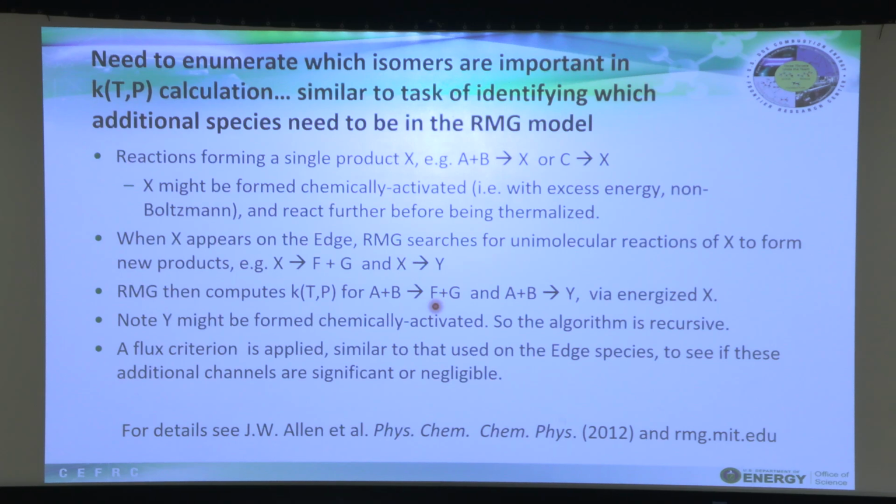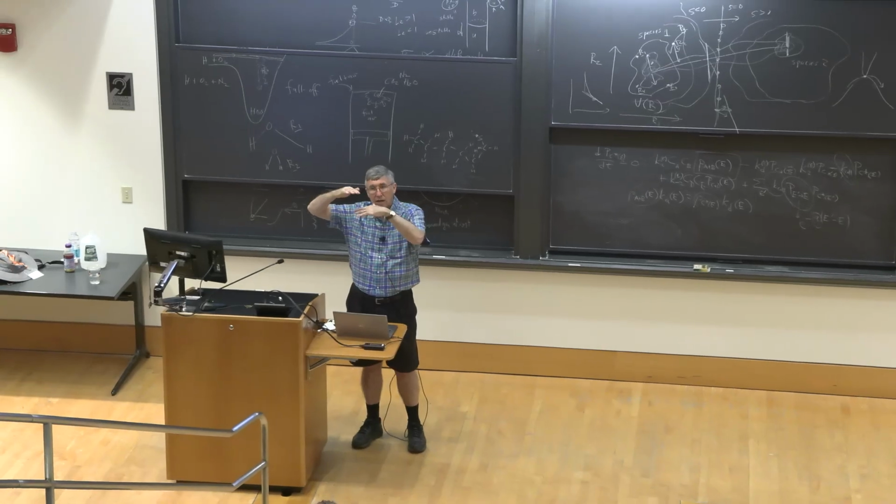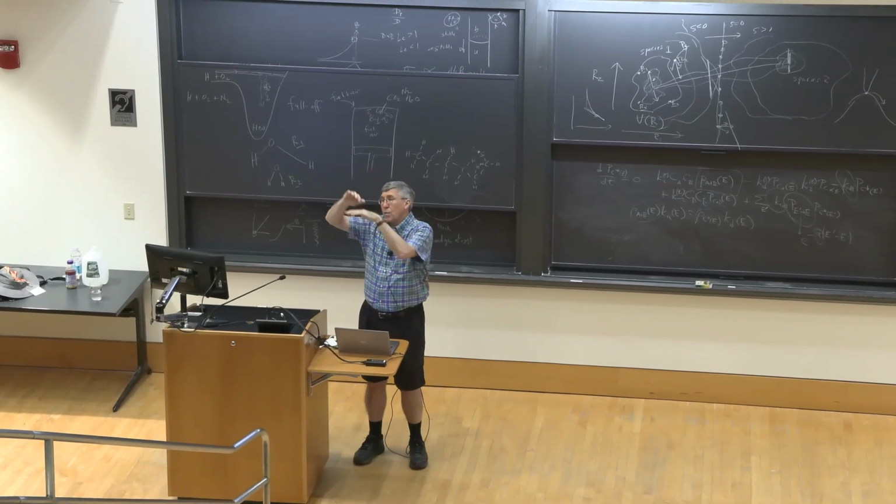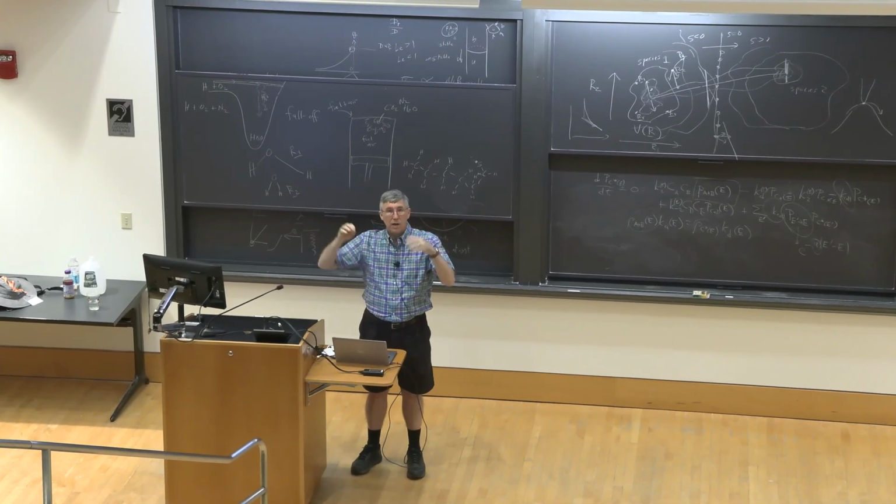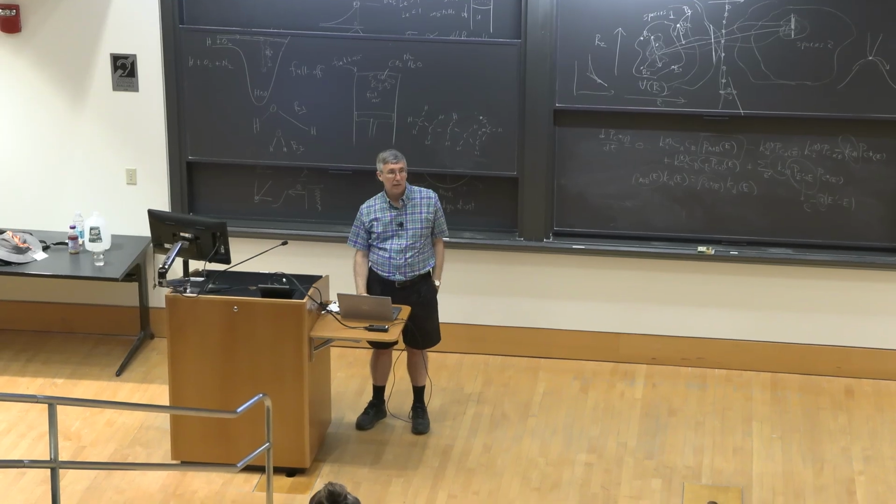Say A plus B goes to F plus G, or A plus B goes to Y, all via energized X, where the amount of energy is set by the initial energy of A plus B. That energy is carried over into X. And if that's enough to get over the barrier for the next step, then you might have a significant chemically activated effect.